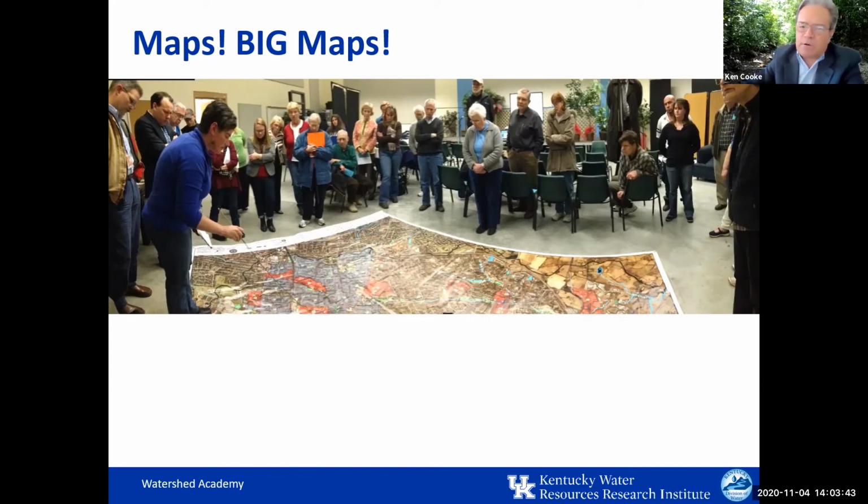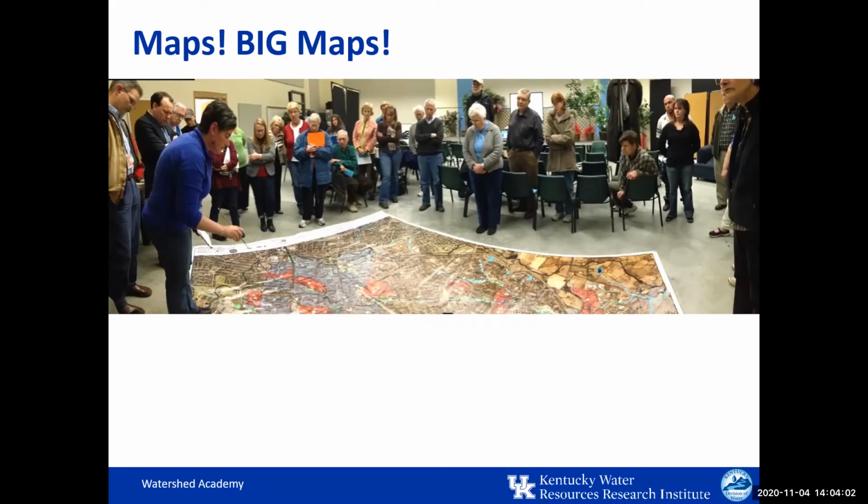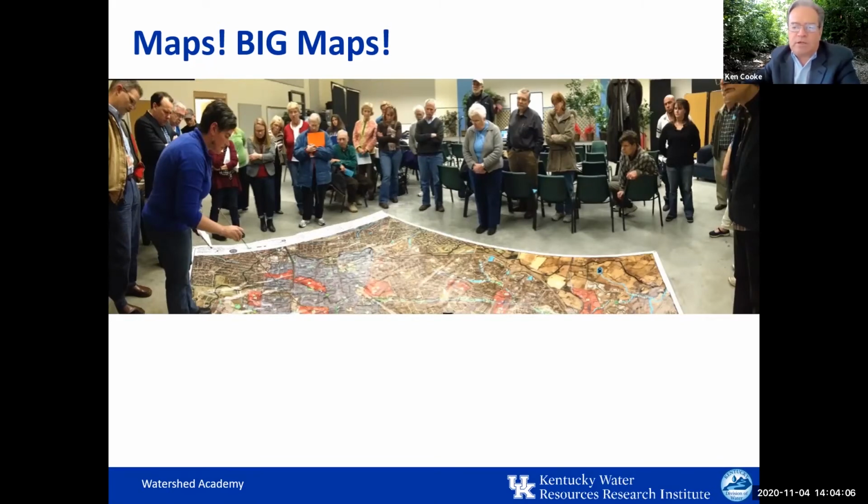Key to these maps, though, is the artwork, and you have to have a really, really good graphic artist to put it together. And our graphic artist for this particular map was none other than Steve Evans. Steve, what map layers did you use to create this map? A bunch. The key was the photography. We wanted to be sure everybody in our watershed could see their house.